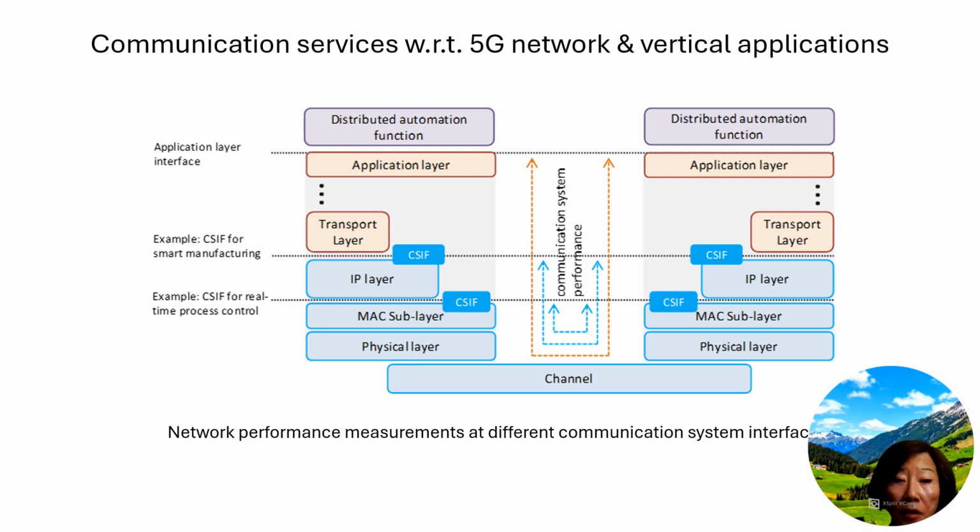This diagram here presents a simplified version of the communication stack. Within the stack, the PHY layer, the MAC layer, and portions of the IP layer are components of the 3GPP network, collectively referred to as the lower communication layers, LCL.